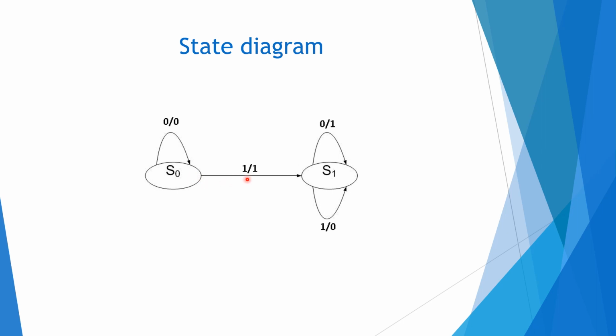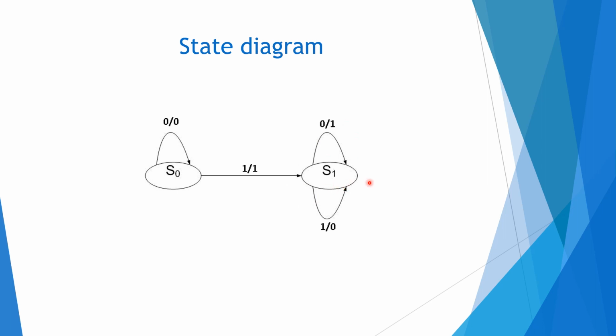When it reaches the first 1, that 1 is not complemented, and it shows the same value 1, that is 1 bar 1. Then when it reaches the S1 state, the next state, it complements all the incoming bits, 0 to 1 and 1 to 0. This is a complementing state.